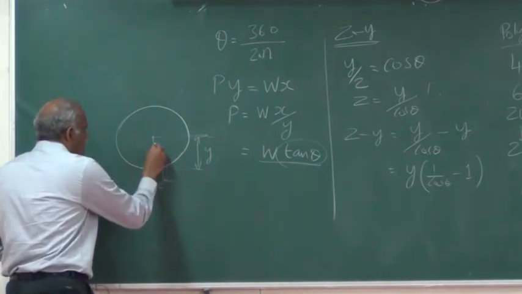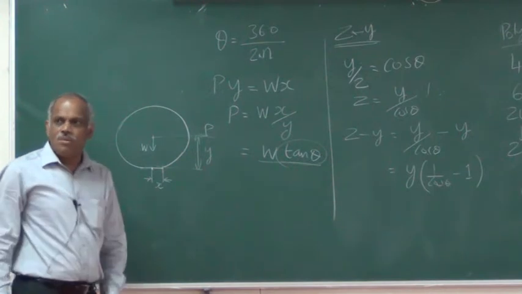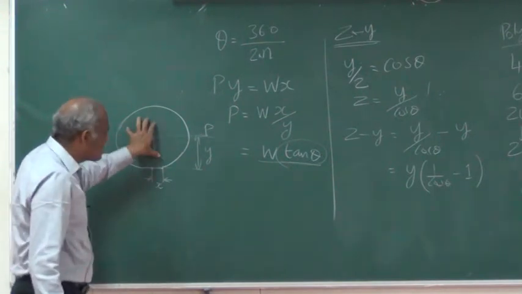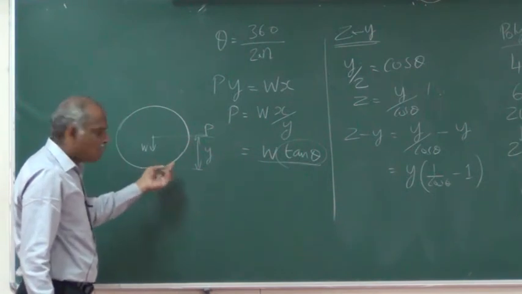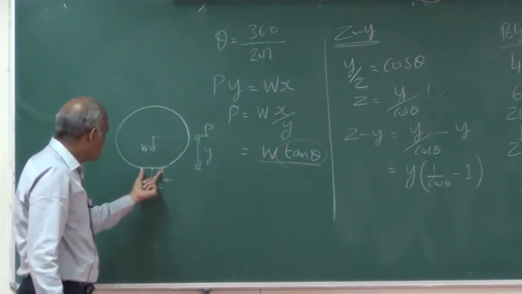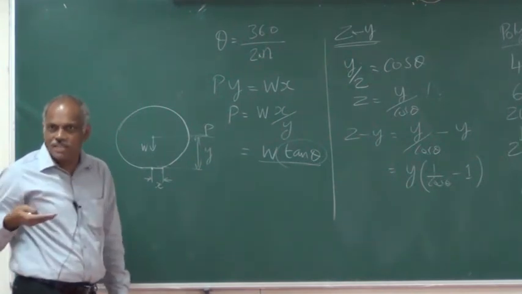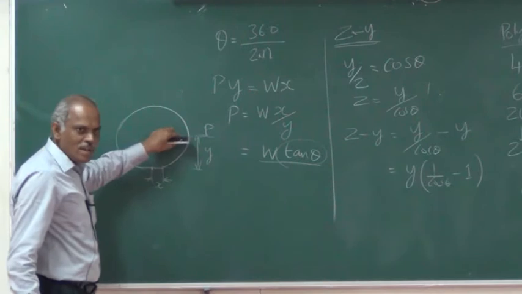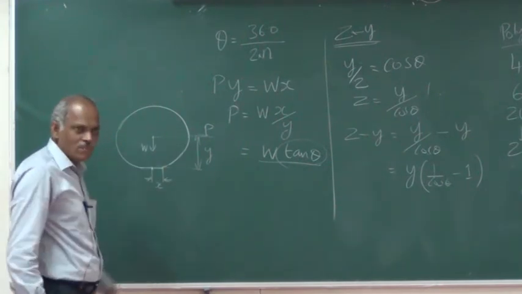The weight is acting like this, and the force P is applied here. When the circular wheel rolls continuously, this portion is deformed so that the bottom portion alone is flat. So the center will remain as it is. There is no movement of the center because there is a continuous deflection.